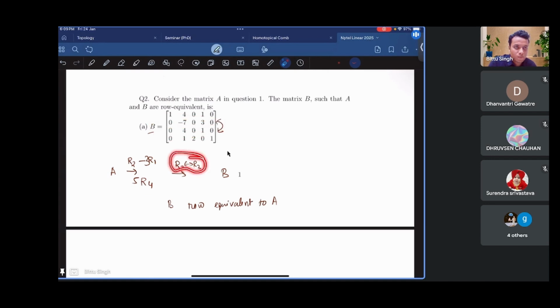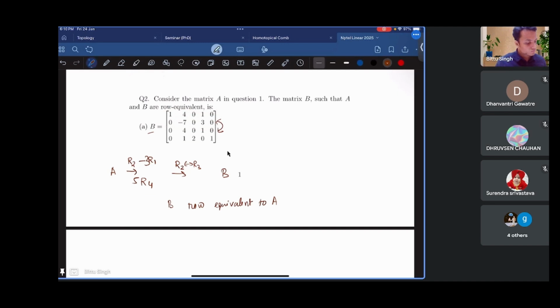So we can do such operations. And what is the last possibility? We can subtract one row from another by some scaling factor. For example, we can subtract row 1 from row 2, so row 2 minus 3 times row 1. Those are all the possible operations.